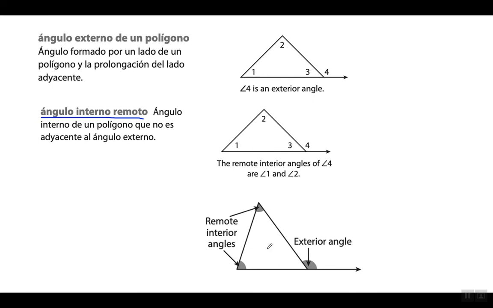Así que en este ejemplo, serían estos dos ángulos. Eso es muy importante porque hay una fórmula que vamos a ver en un momento, y tenemos que saber la definición de esta palabra para poder usar esa fórmula.